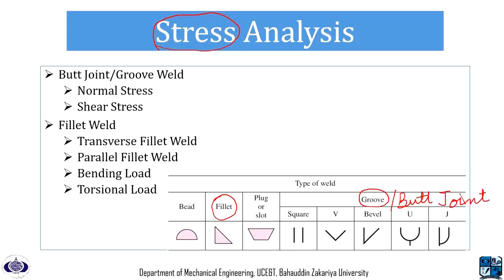Now, butt joint or groove weld can be applied with normal stress due to axial loading as well as shear stress, whereas fillet weld can be used in transverse stress and parallel stress, where parallel and transverse stresses are basically different combinations of normal stress and shear stress, and we are going to talk in detail about these two in the coming slides.